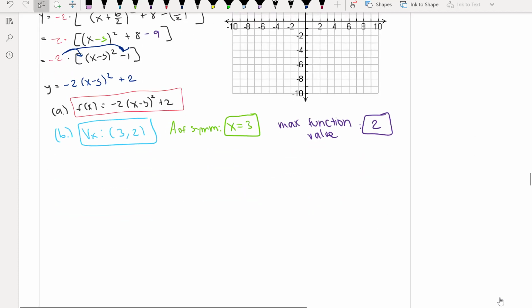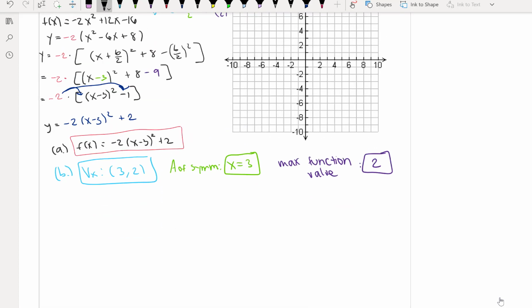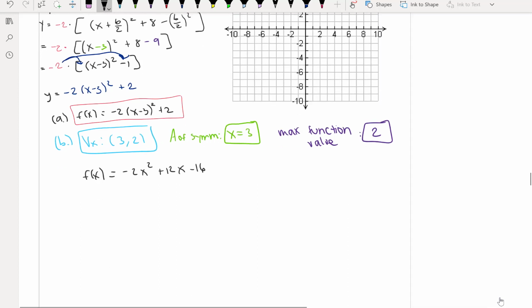So remember that my original equation is f of x is equal to negative 2x squared plus 12x minus 16. So if I'm trying to find the y-intercept, I let x equal 0.